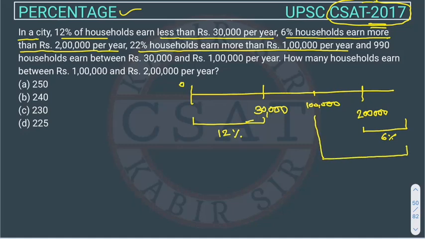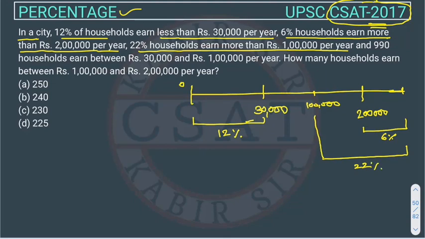This is the maximum salary, and it could be anything, so we don't have to think about that. We just remember that the households earning more than 1 lakh could be any amount, 2 lakh, 3 lakh, 4 lakh, 10 lakhs, anything, but we know the percentage is 22%, right?